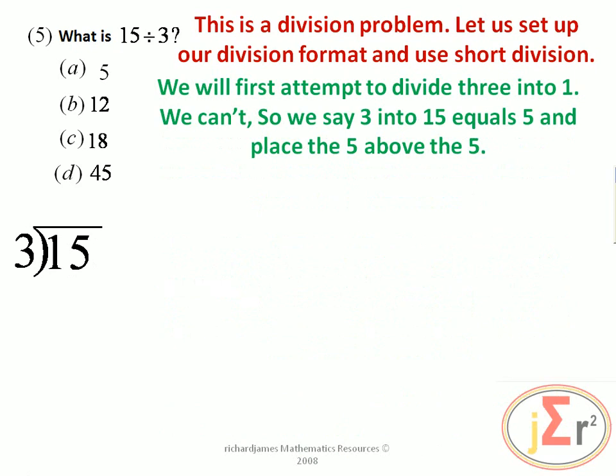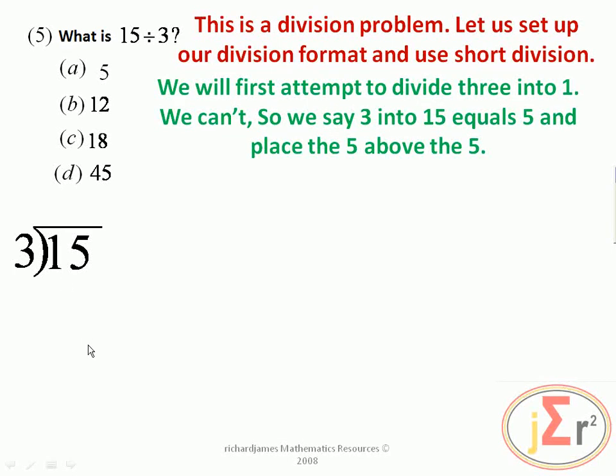We will first attempt to divide 3 into 1. We can't do that a whole number of times. So we say 3 into 15 equals 5, and place the 5 above the 5. As a matter of fact, when we said 3 into 1, because it cannot go a whole number of times, what we should really do is put a 0 right here.